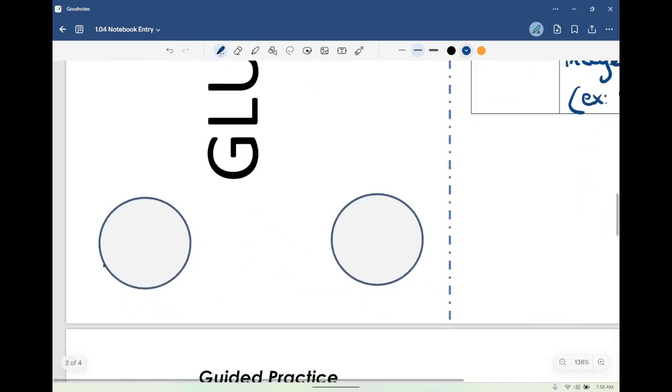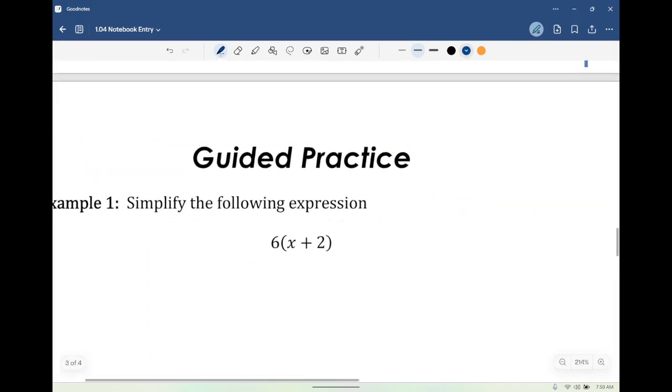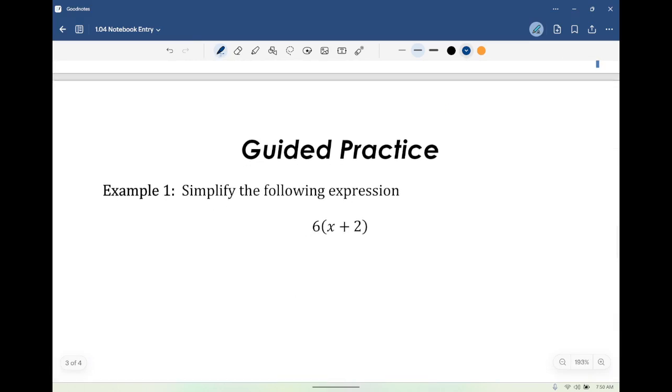All right. So, example 1. Pretty basic. I got 6 on the outside of x plus 2. So I know that this is really 6 times the quantity of x plus 2. I'm going to distribute. I'm going to get 6x plus, well, everybody, what's 6 times 2? 12.